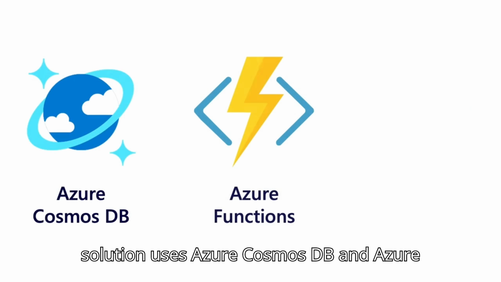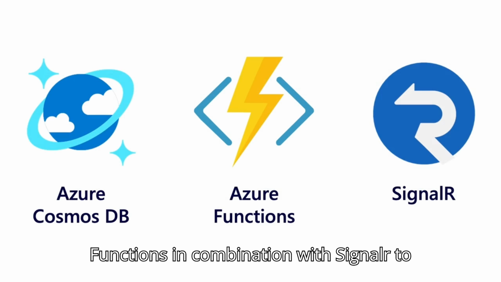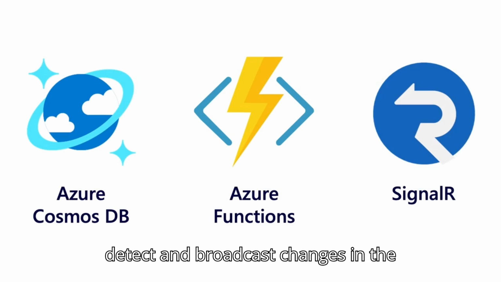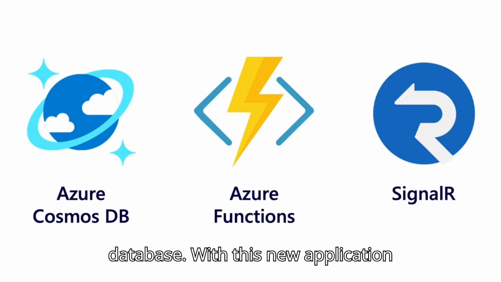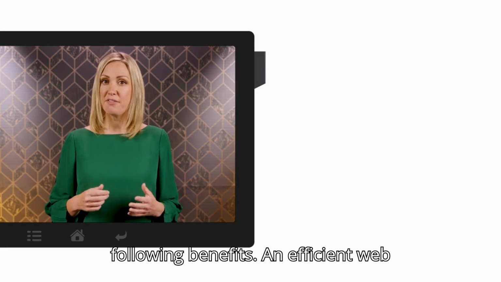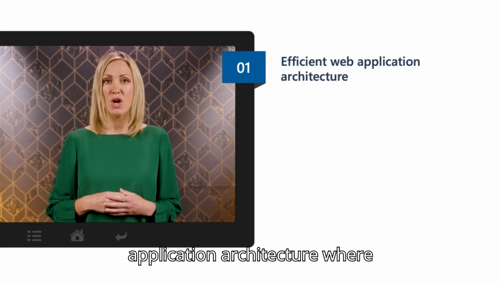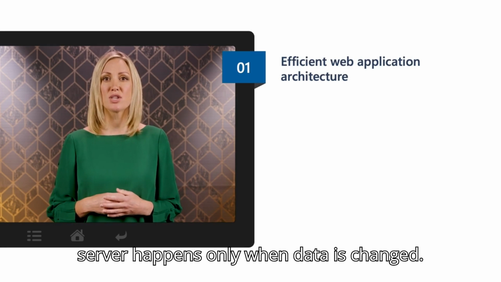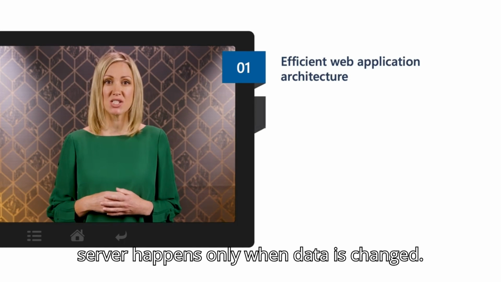The solution uses Azure Cosmos DB and Azure Functions in combination with SignalR to detect and broadcast changes in the database. With this new application architecture, your application enjoys the following benefits. An efficient web application architecture, where communication between the client and the server happens only when data is changed.